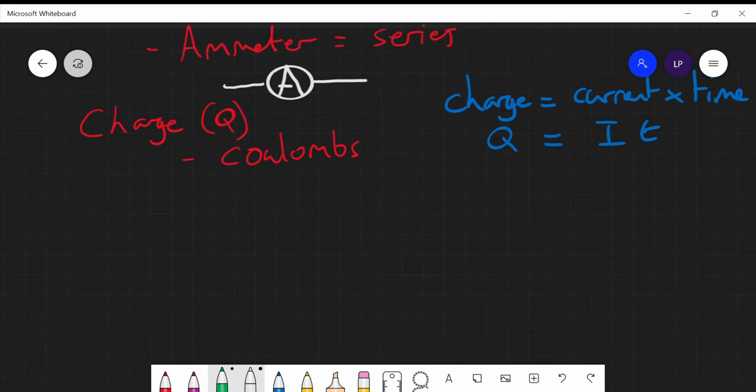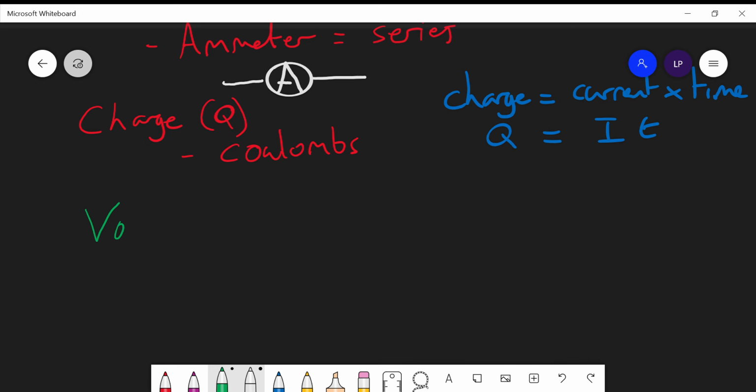So next up, voltage. This is the amount of energy given to the charge.